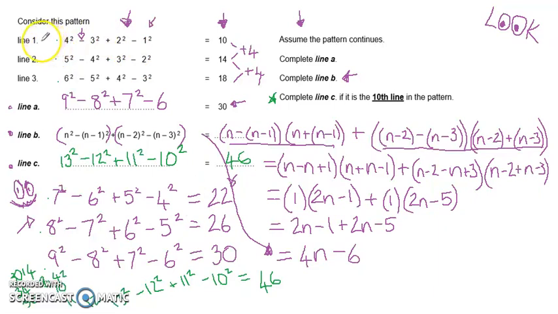So I spent a long time looking at this, at the different kinds of patterns. One of the things I noticed was if we add 4 and 1 together and we multiply it by 2, we get 10. If we add 5 and 2 together, that gives us 7, and we multiply it by 2, we get 14. If we add 6 and 3 together, that's 9, and if we multiply it by 2, we get 18.